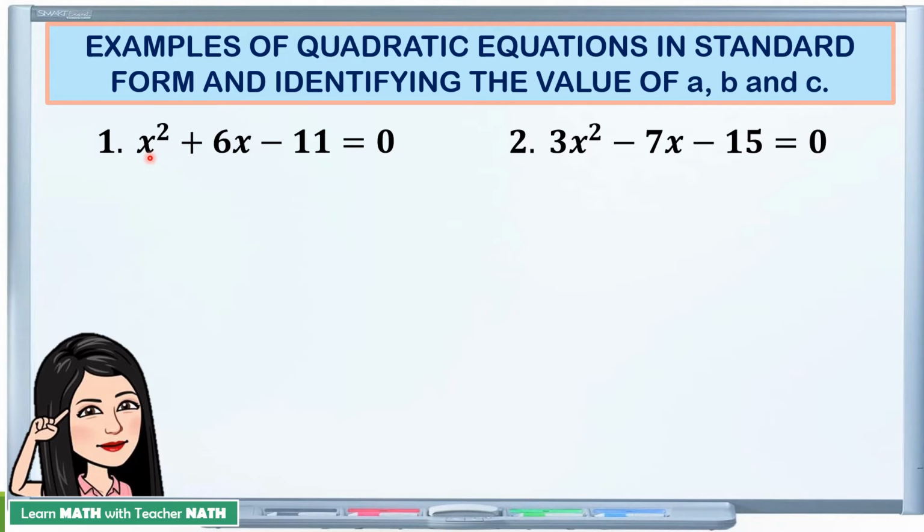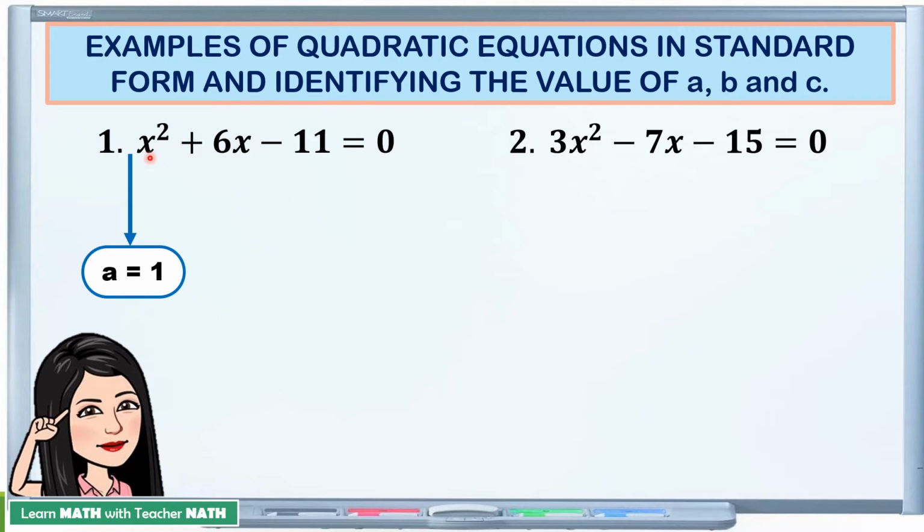Paano kung walang number na katabi ito? Always remember that variable with no numbers have a coefficient of 1 o yung tinatawag nating invisible 1. So, ang value ng A natin is positive 1.